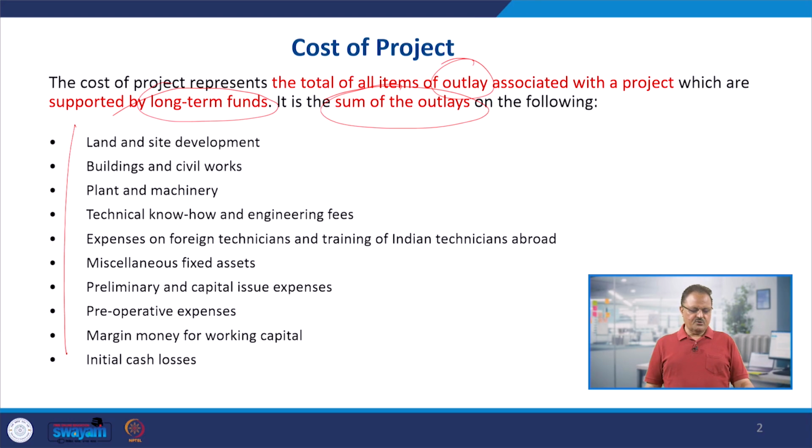All this is required to be estimated in advance, so that we are able to arrange the required amount of funds from the different sources, largely from the long term, and we are able to fulfill the long term requirements of the venture or the project as a whole. So this is the first important component for building up a project, and financial estimation projections talk about all these assets which are generally long term in nature.